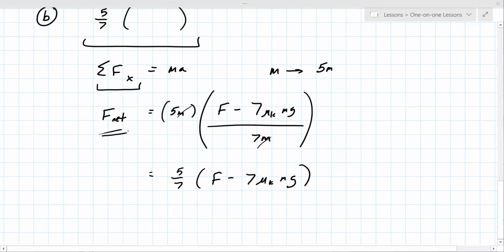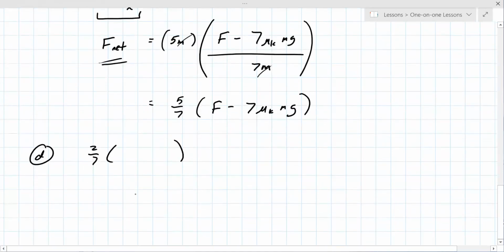Because we're actually going to do the same thing for D. I know C is next, but if you remember from the previous problem, D was 2/7 of something. The net force on that small block, which we'll call force net, equals mass times acceleration.